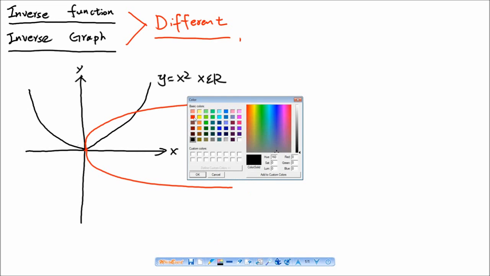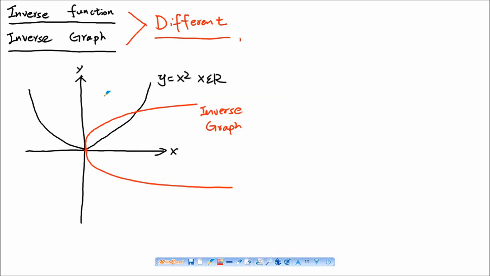The method was drawing vertical straight lines and finding how many crosses there are between a single vertical straight line and the inverse graph.